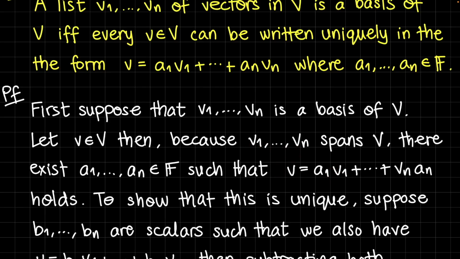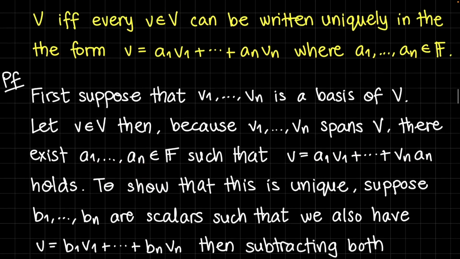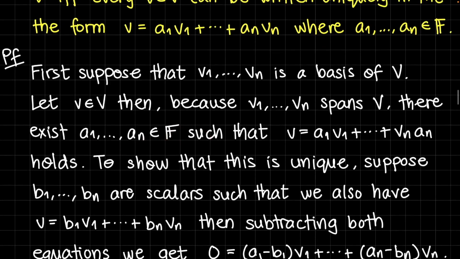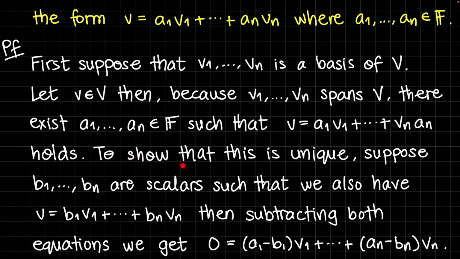And why can we do that? Because they span V. Spanning a space V means that any vector in that space can be written as a linear combination of the spanning list. So v = a1 v1 + ... + an vn, where a1 through an are just scalars corresponding to v. Now we need to show that this is unique.